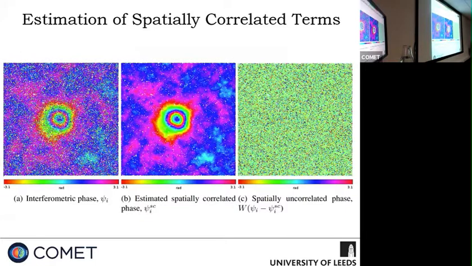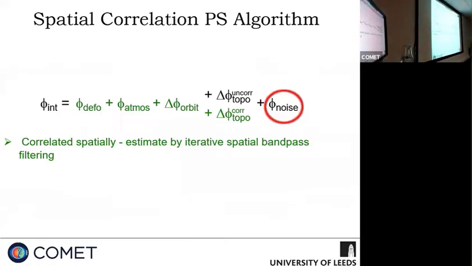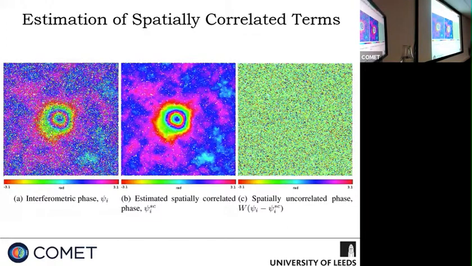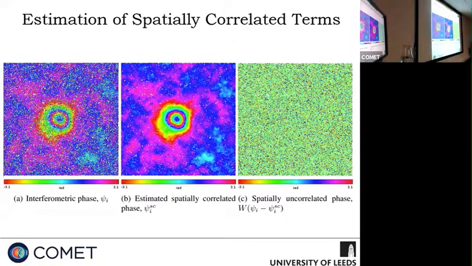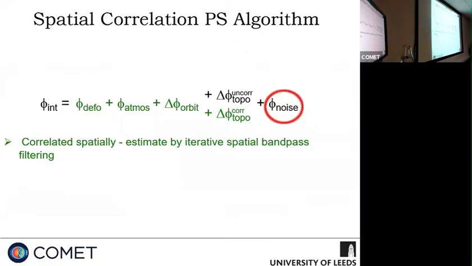And this is partly noise and partly this spatially uncorrelated part of the topographic error. So this is your original interferogram phase. This here in green is your spatially correlated phase, and then this is the combination of these two terms.